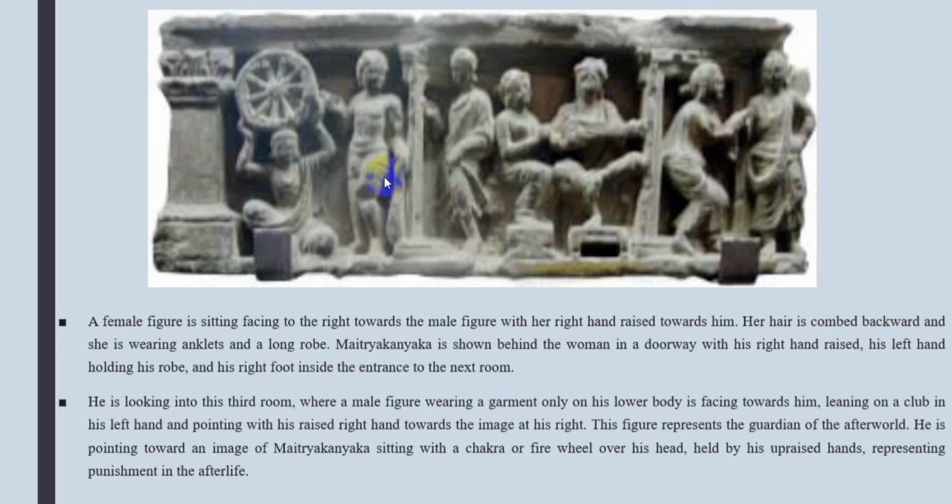He holds it in his left hand and points with his right hand towards the image at his right. This figure represents the guardian of the afterworld, and he is pointing toward an image of Maitrikanyaka sitting with a chakra or fire wheel over his head, held by upraised hands, representing punishment and the afterlife.